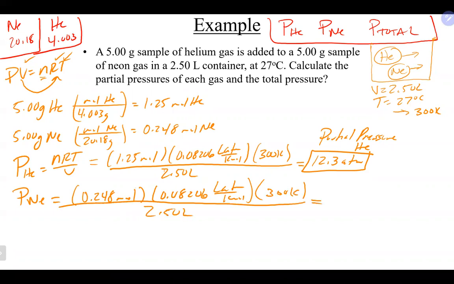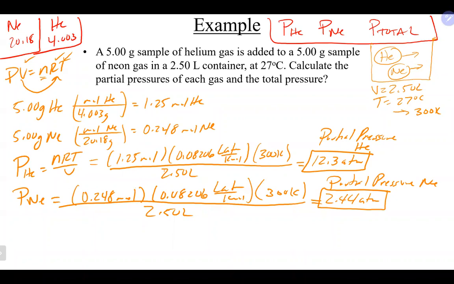If we do that, 0.248 times 0.08206 times 300 divided by 2.5 gets us 2.44 atmospheres. That would be the partial pressure of neon in this case. Any questions on either of those calculations?